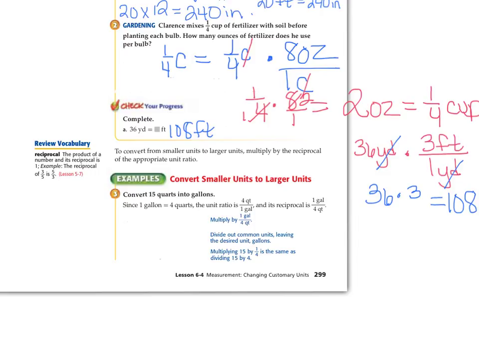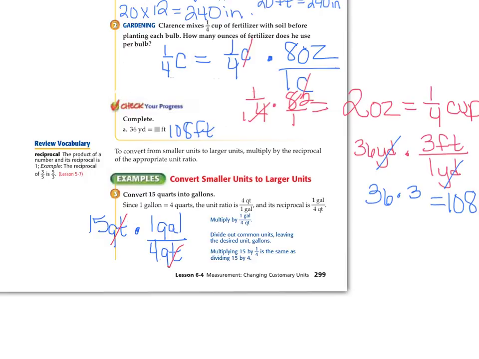So you would have 15 quarts times 1 gallon to 4 quarts. Okay, so now we can cross out those common units again, right?